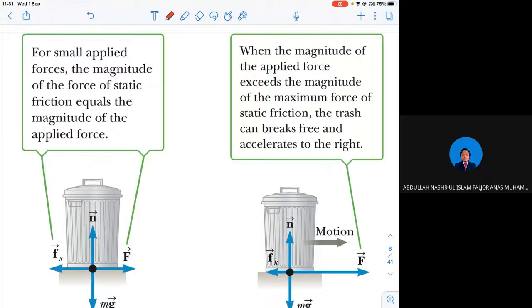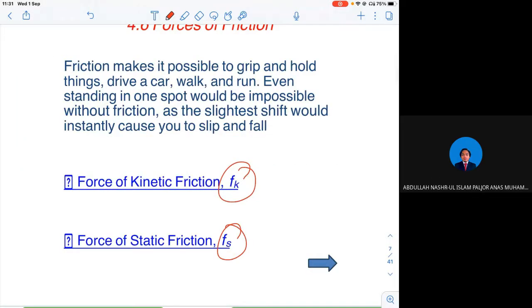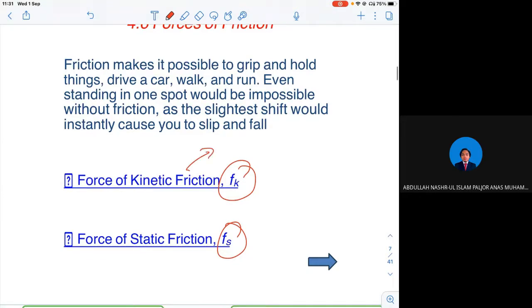So please note it here. Jangan salah faham. Friction always occurs in any condition, either in motion, that means moving, or not moving, static.